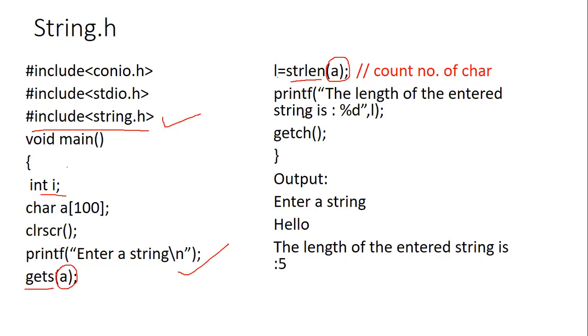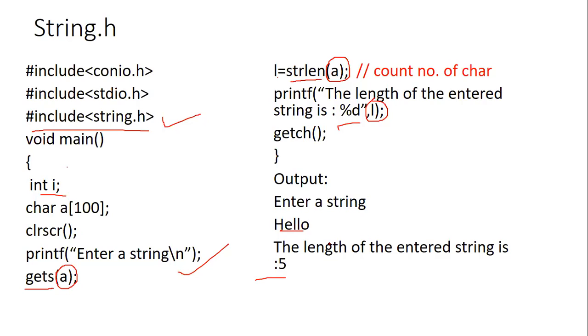For printing that count, we use "the length of the entered string is %d", l. Whatever the content of l will get printed here, replacing the %d. So if we give an input as hello, we will get the answer "the length of the entered string is 5".